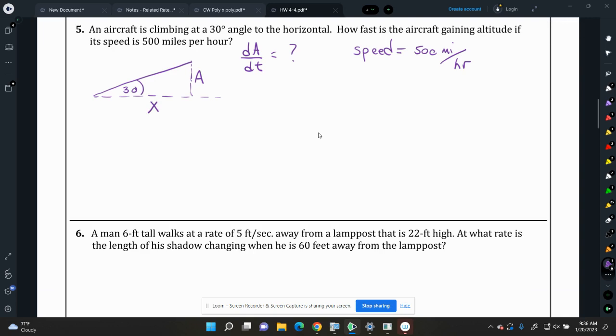The aircraft's path I'll call Z. Again, it doesn't matter. So what do we know? It's a 30, 60, 90.